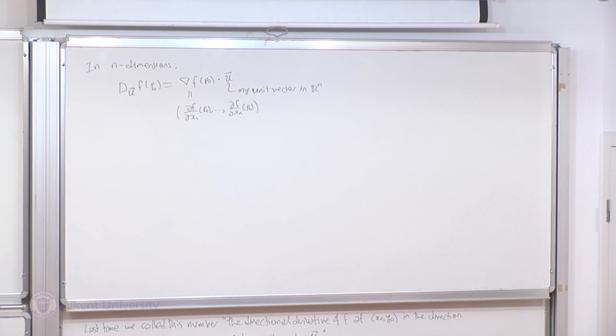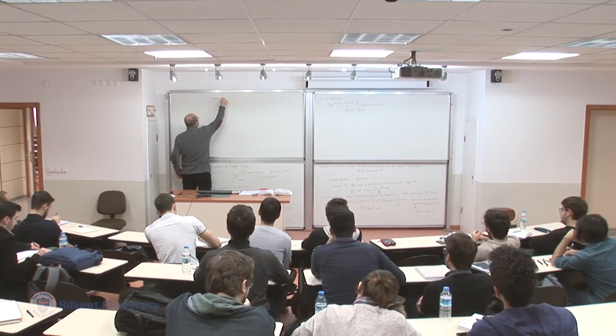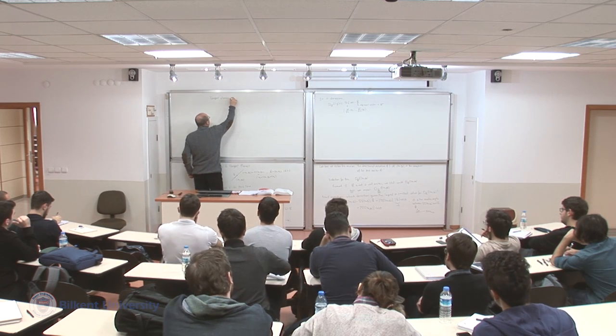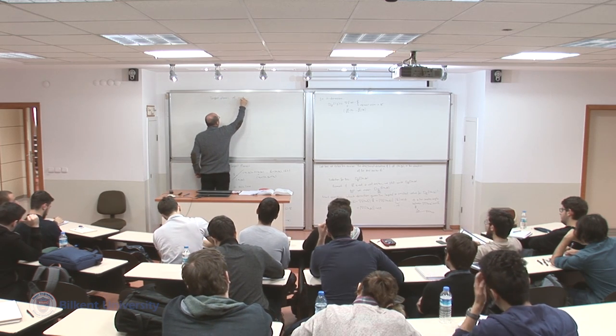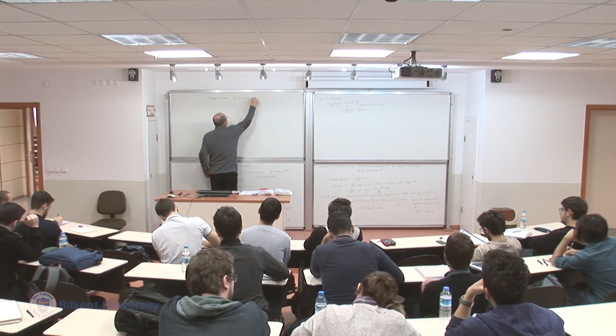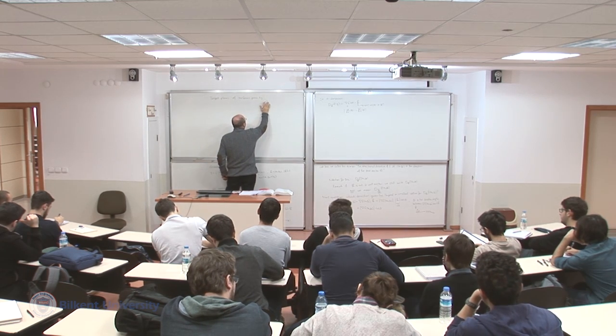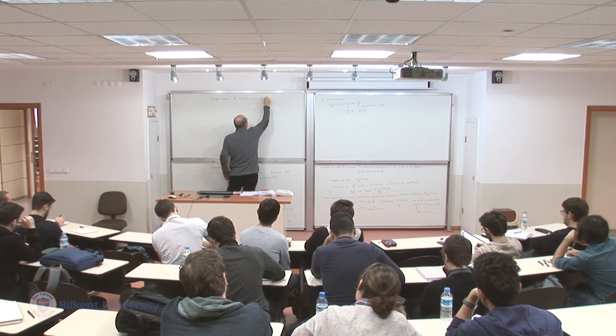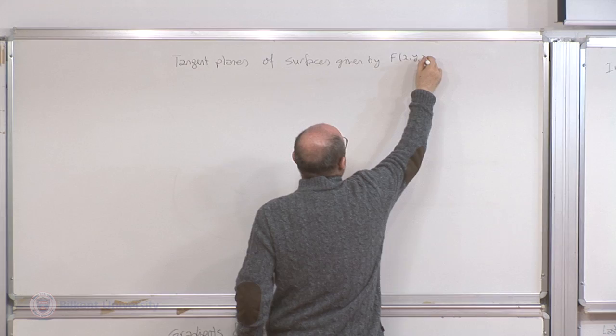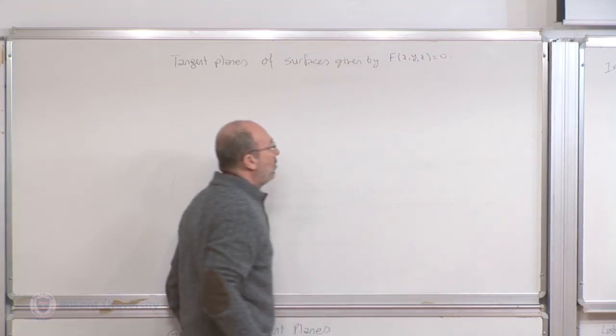Okay, now we want to look at tangent planes of surfaces given by, okay, now I write this like this: F(x, y, z) equals 0.